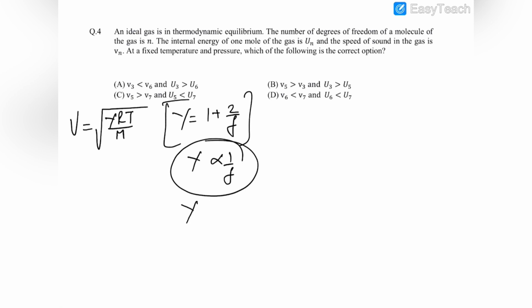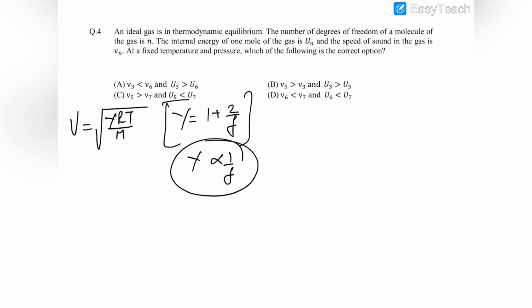So gamma of 5 degrees of freedom would obviously be greater than gamma of 7 degrees of freedom. In fact, we can conclude that gamma is inversely proportional to f.